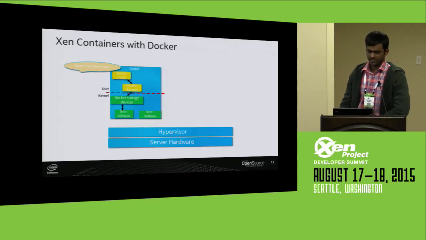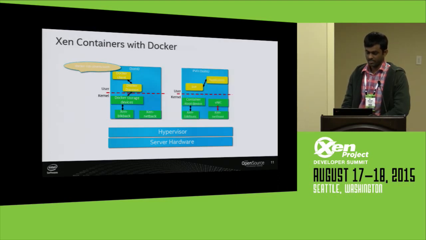We can run a Docker daemon in Dom0. Docker uses multiple storage backends, one example is the device mapper backend. Once we run Docker, for example Ubuntu, it creates a container block device on the host. That is the Docker storage device that I mentioned there.